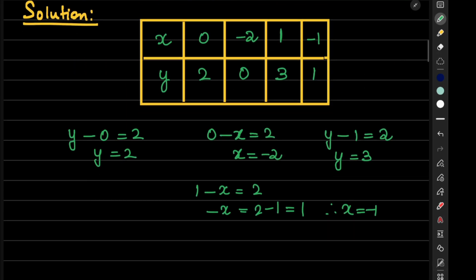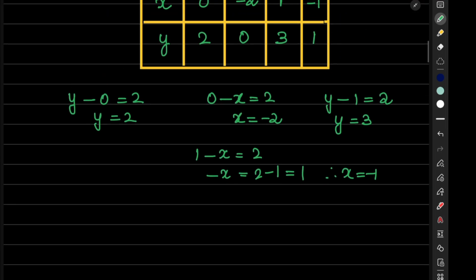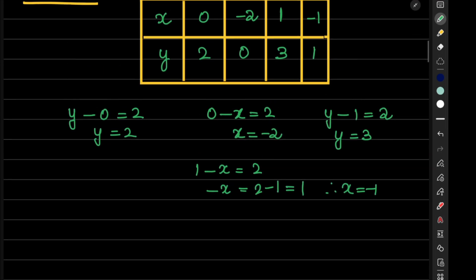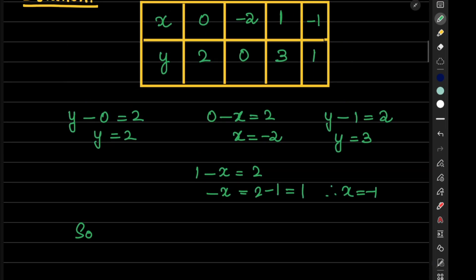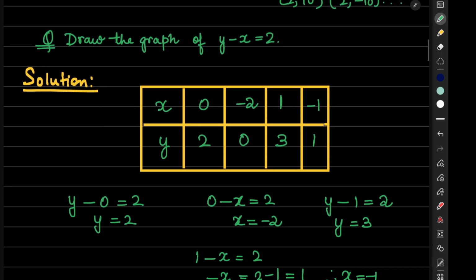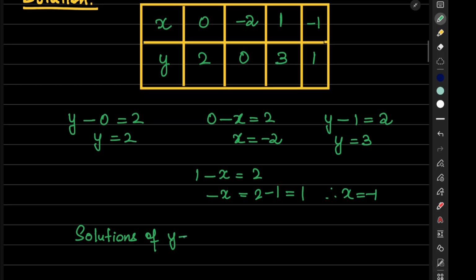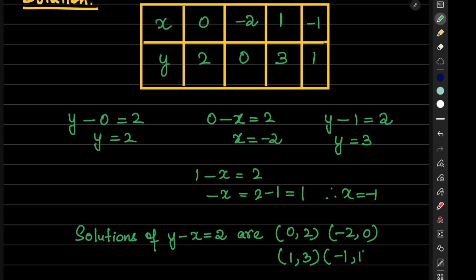You have to plot these points. The solutions of the equation y minus x equal to 2 are 0, 2; minus 2, 0; 1, 3; and minus 1, 1.